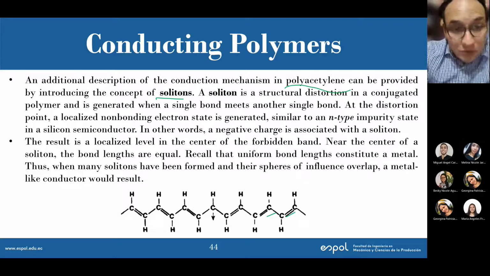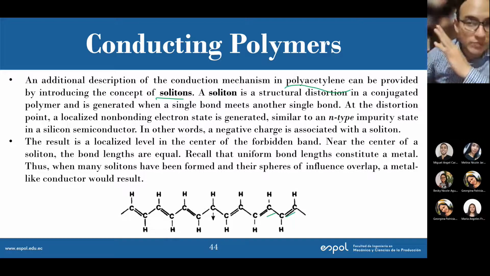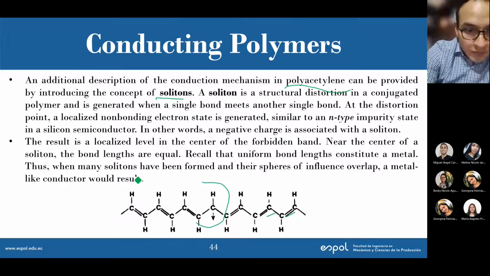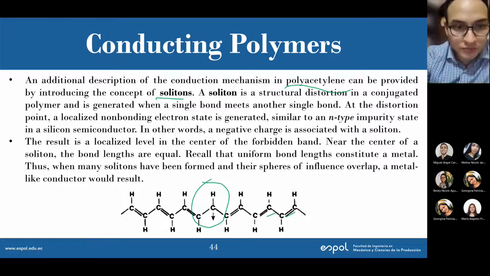So there will be a point in this conjugated polymer that you will have, because of something, and usually it is because of doping, you generate this. You see? You sort of break the structure and you generate a single bond to a single bond connection.